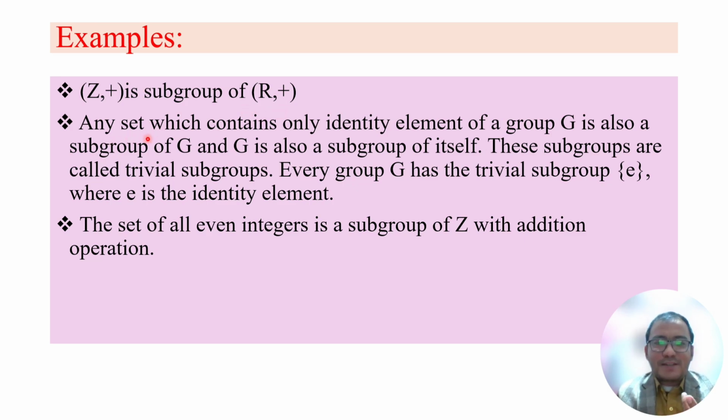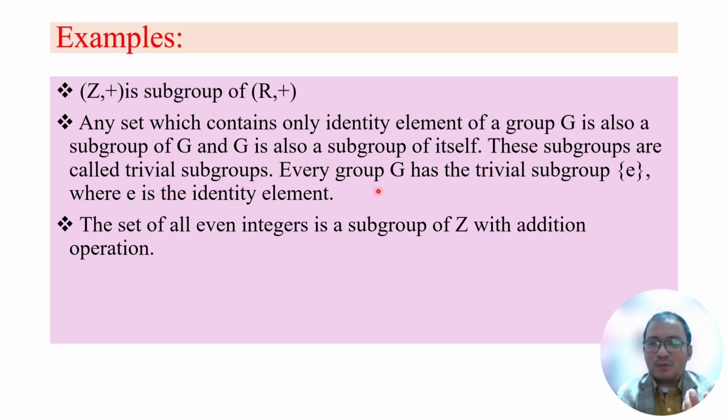In this way, any set which contains only the identity element of a group G is also a subgroup of G, and G is also a subgroup of itself. These subgroups are called trivial subgroups.